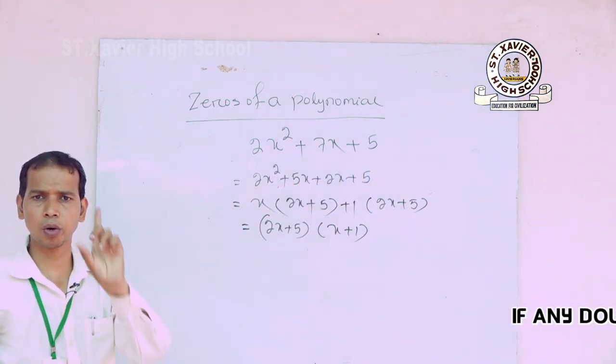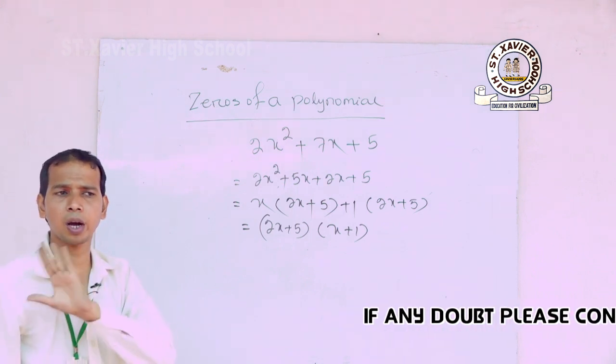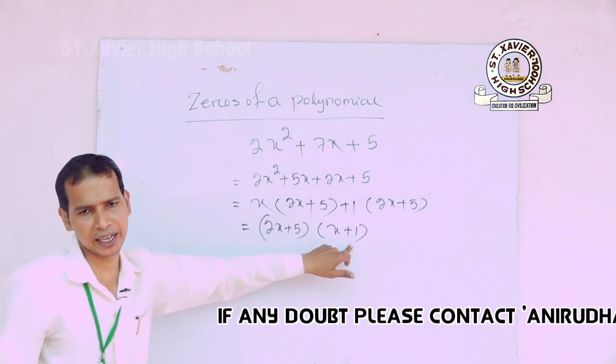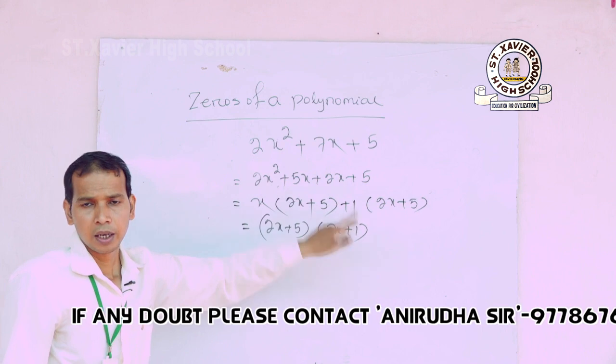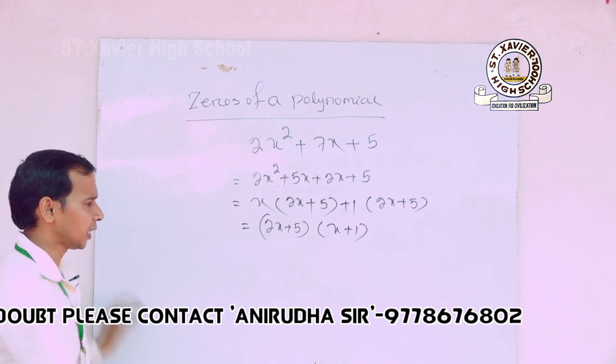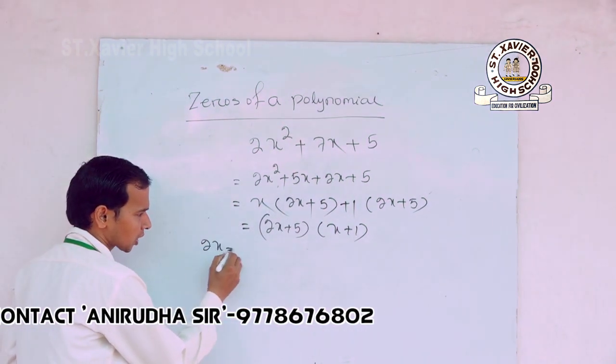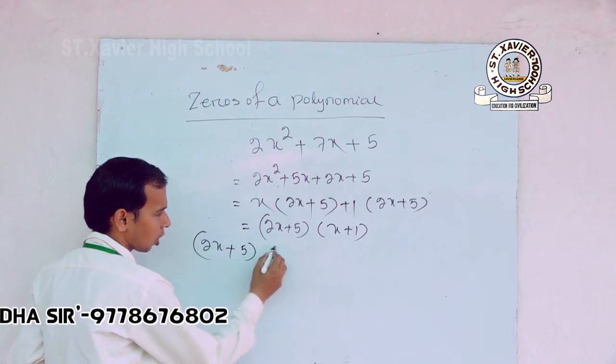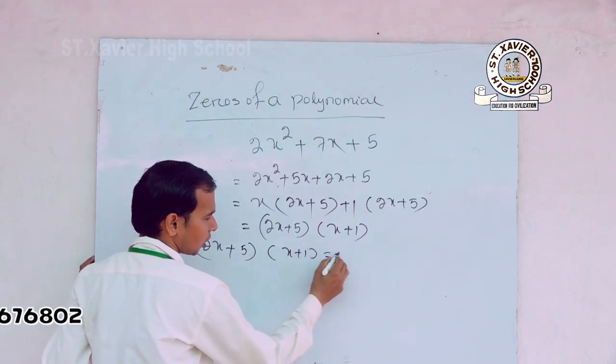As it is a quadratic polynomial, as we discussed before, a quadratic polynomial has two factors. You already get two factors here. Then we find the zeros. In this case, we write 2x plus 5 whole into x plus 1 equal to 0.